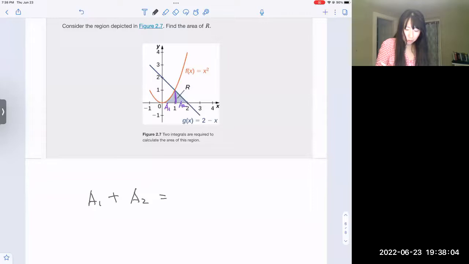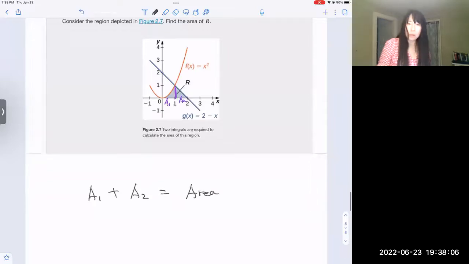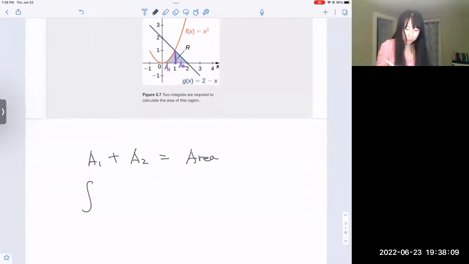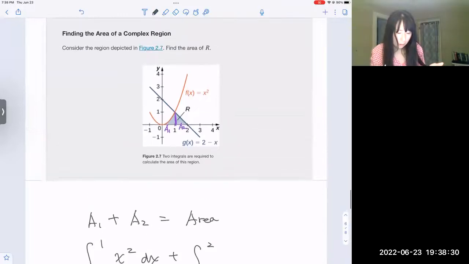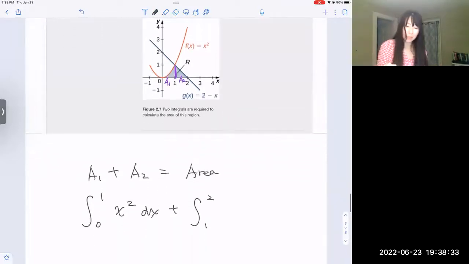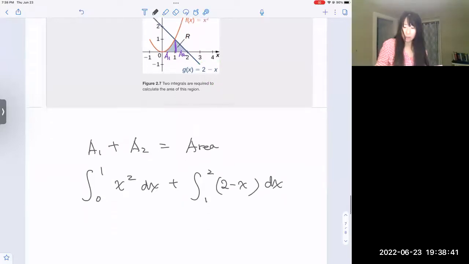That's area 2. Now we look from 0 to 1, and it's just a parabola, so we will have x squared dx, plus from 1 to 2 we have just a straight line, so that is 2 minus x dx.